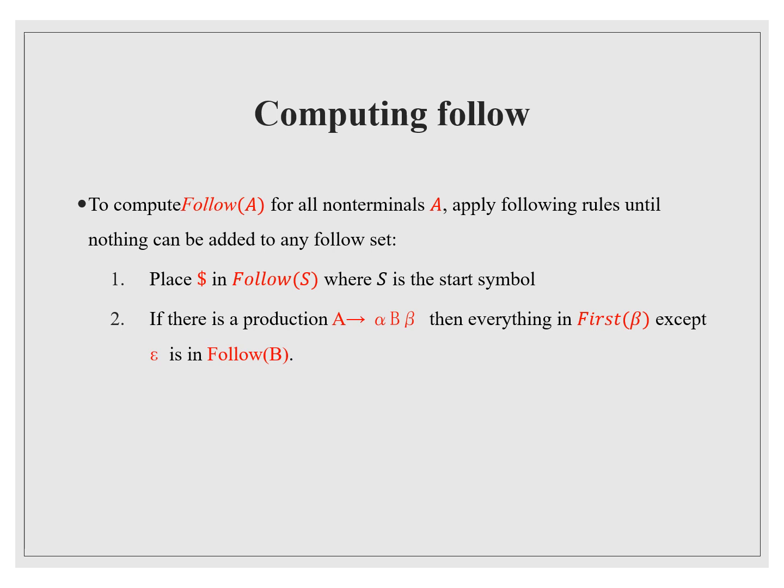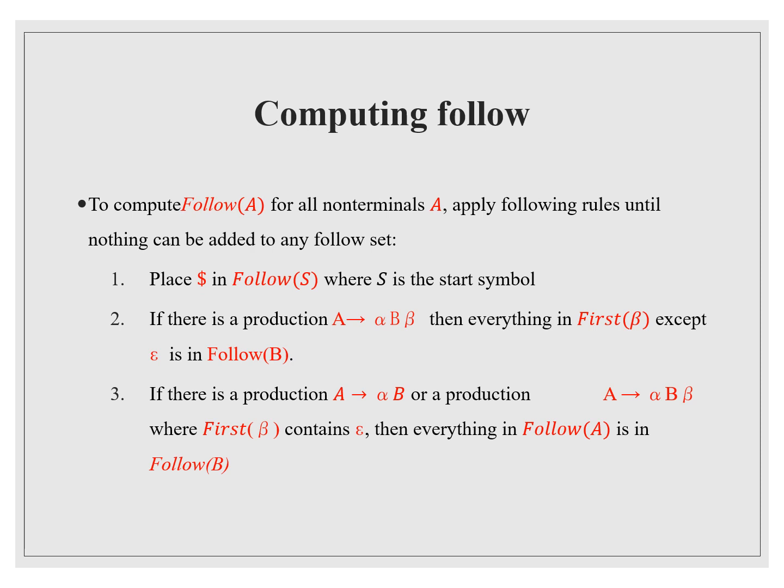Okay, so here we are concentrating on the right hand side. What is FOLLOW of B? FOLLOW of B is nothing but FIRST of beta. If FIRST of beta contains epsilon, you don't add it to FOLLOW of B. And according to rule 3, there are two cases.